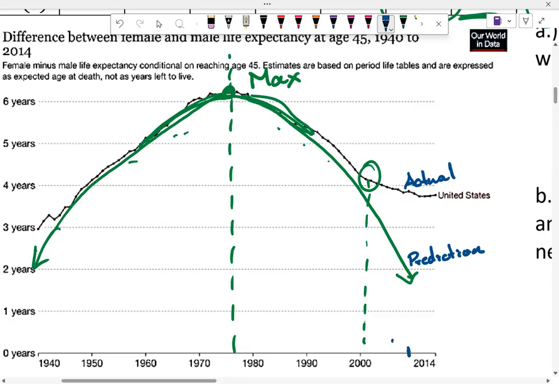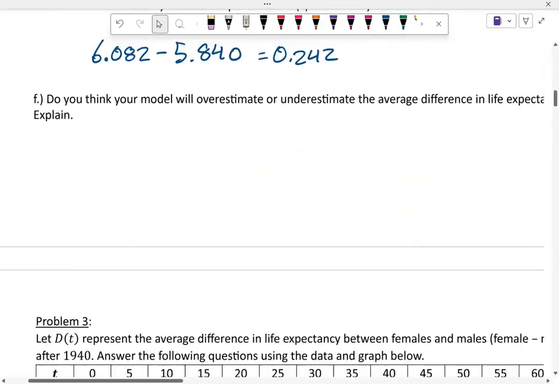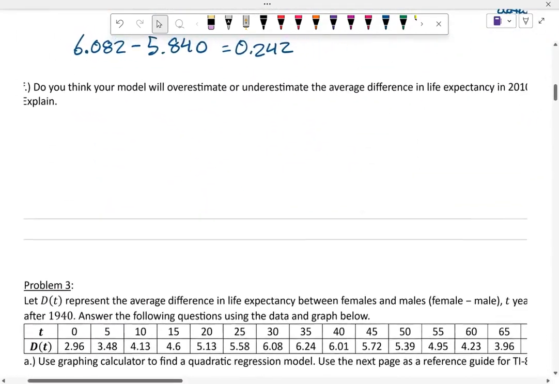Here is 2010. 2010's about right here. If we go up, is our prediction an overestimate or underestimate of the actual amount? It's under, right? It's less. So that would be an underestimate. So we'd say here, it is an underestimate.